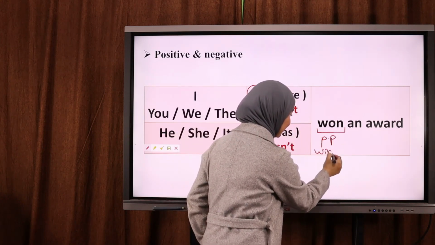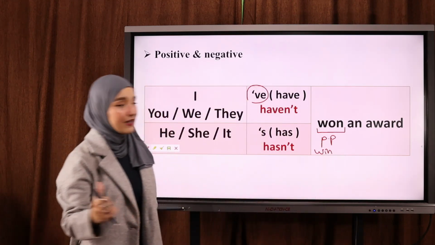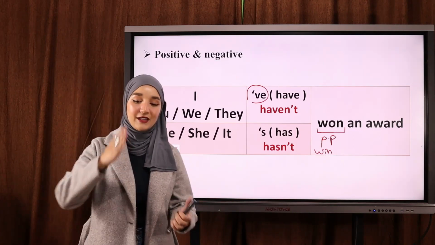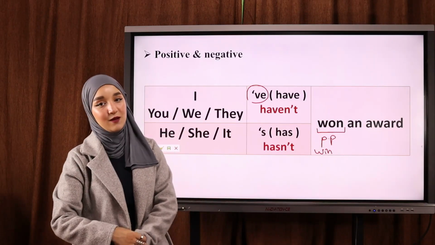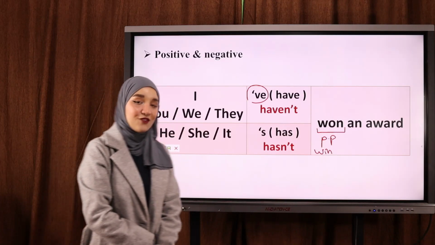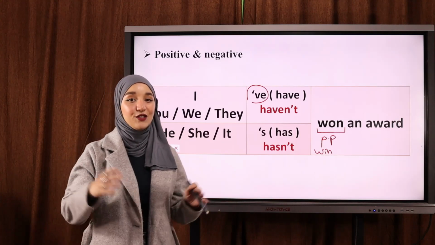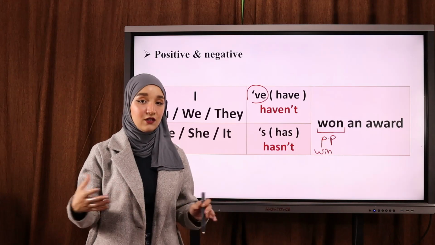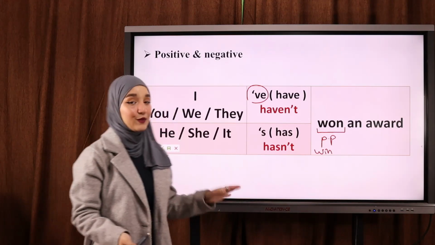The infinitive is win. أصل الفعل هو win. أربح. So won is the past participle. I told you there's another tense. هناك the past simple, الماضي, and the past participle. There's no rule when it comes to the past participle. The past participle ليس لديه قاعدة. Just like the irregular verbs. تماما مثل الافعال الشاذة. So the only solution is to memorize them. الحل الوحيد هو أن تقوموا بحفظ بعض الأفعال, okay, كيف نصرفها في past participle.